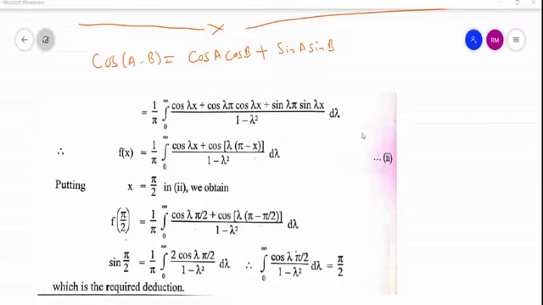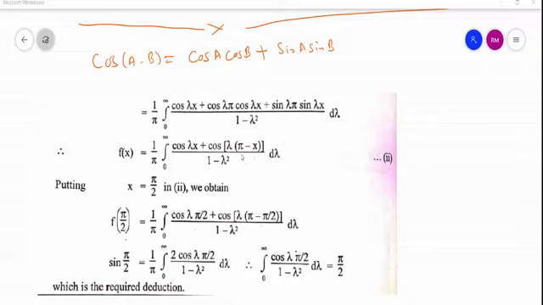So we know the formula, cos A into cos B plus sin A into sin B, that is nothing but cos of A minus B. So here A is nothing but lambda pi, B is nothing but lambda x.